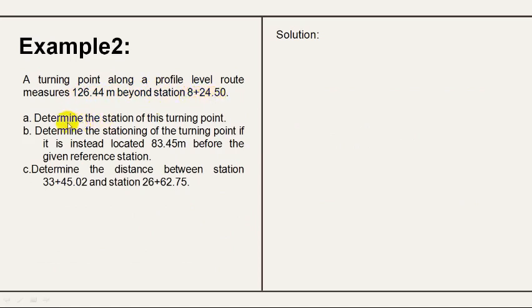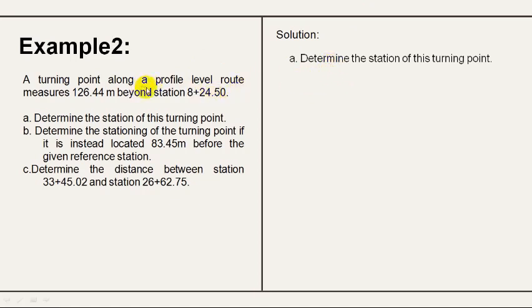So we're asked to determine, first, the station of the turning point; next, the stationing of the turning point if it is instead located 83.45 meters below the given reference point; and lastly, the distance between station 33 plus 45.02 and station 26 plus 62.75.